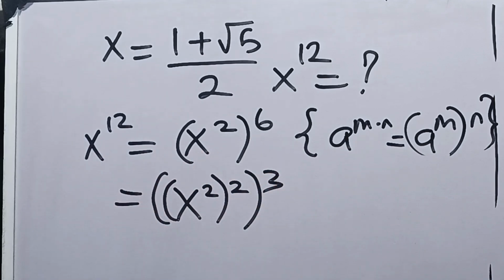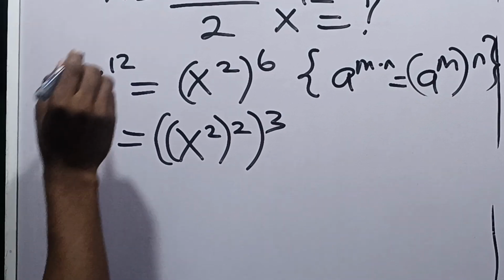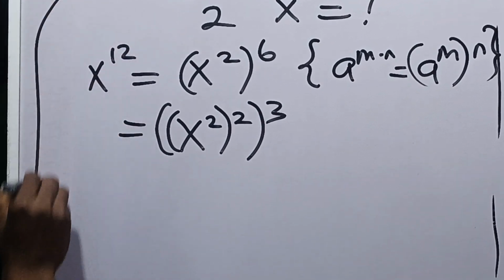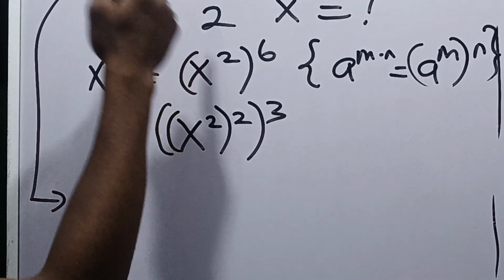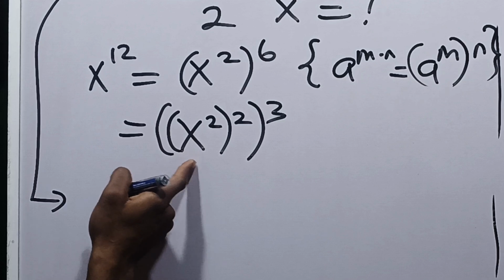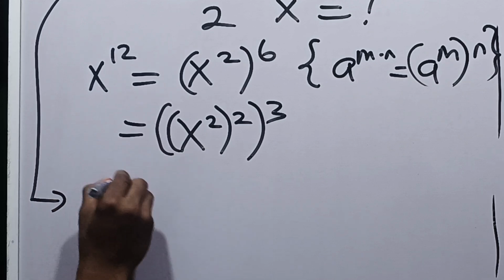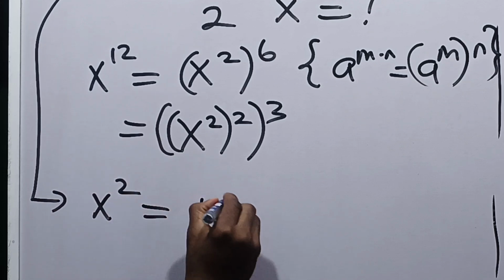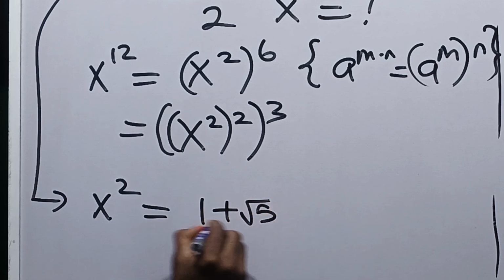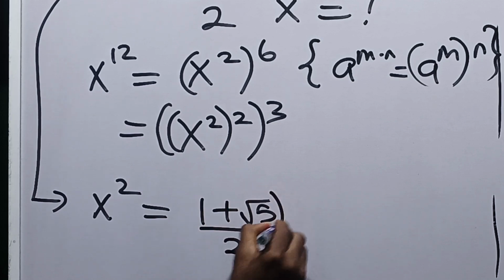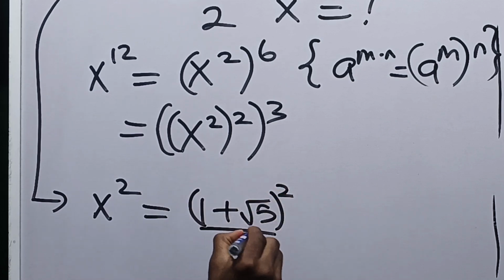Okay, so knowing this now, we can say that for our x to be equal to 1 plus root 5 over 2, let's first find x squared. x squared is equal to 1 plus root 5 all over 2, squared, and we square both the numerator and the denominator.